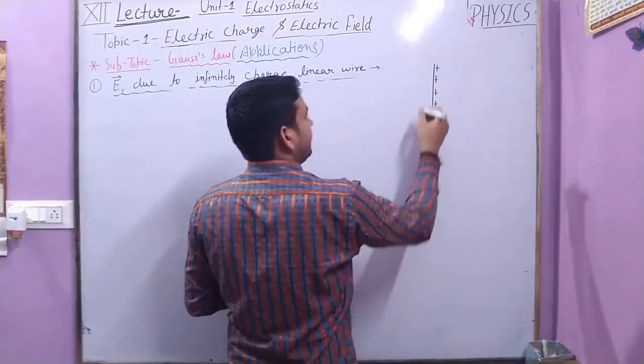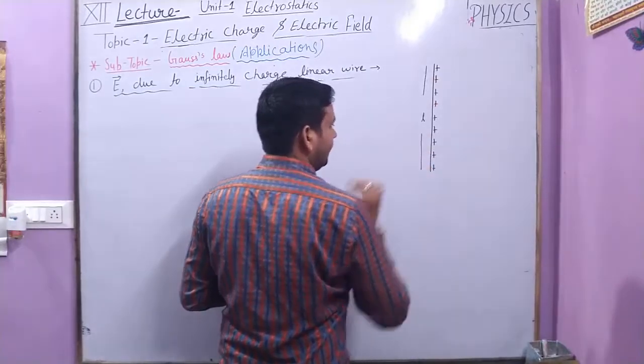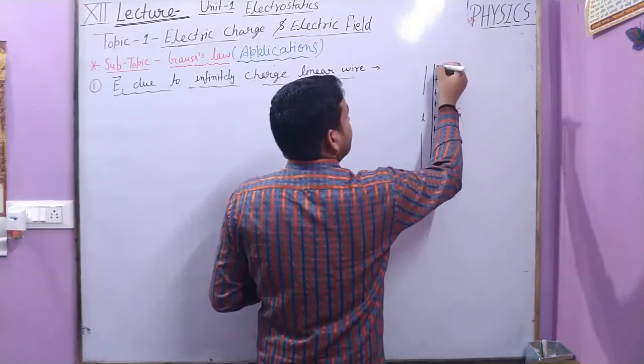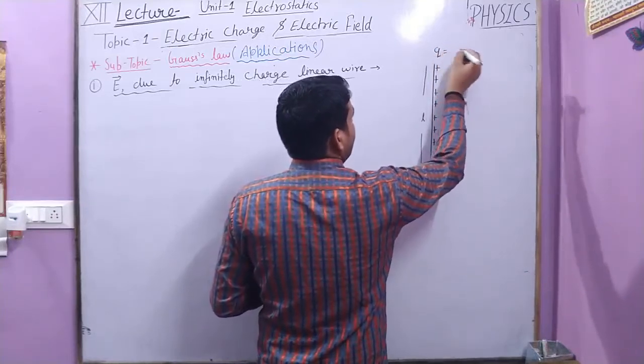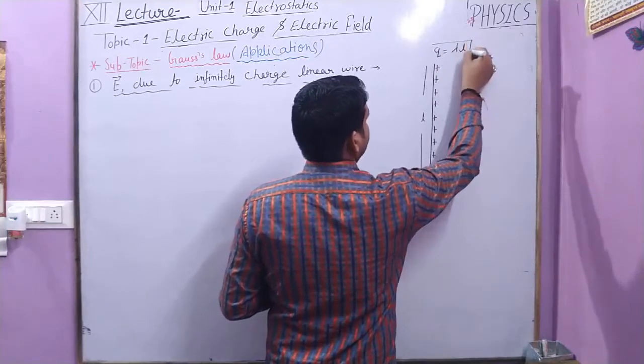Let the length of this wire be L, and charge Q is distributed per unit length, that is lambda L.